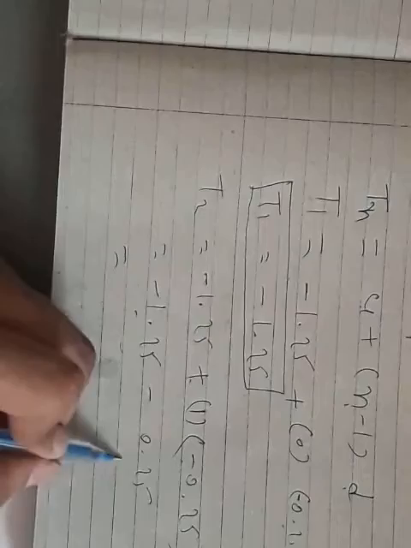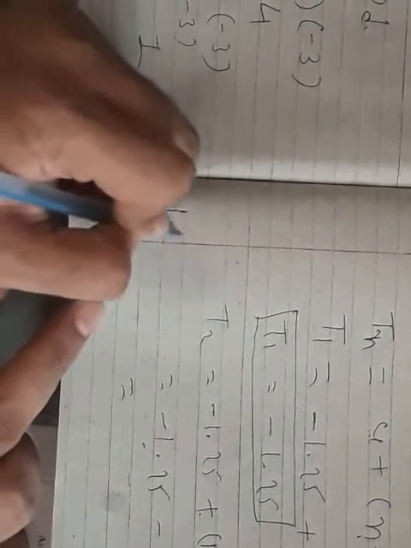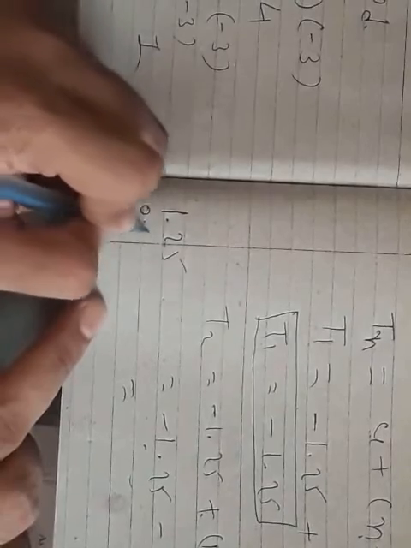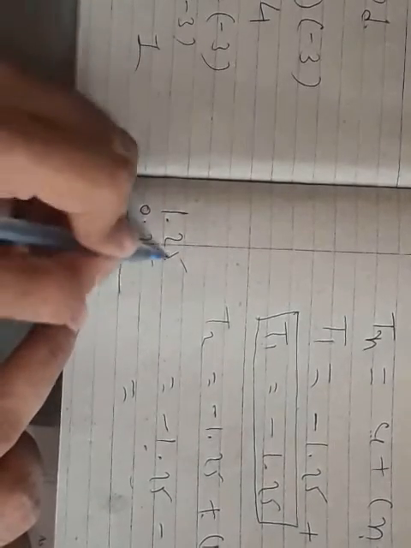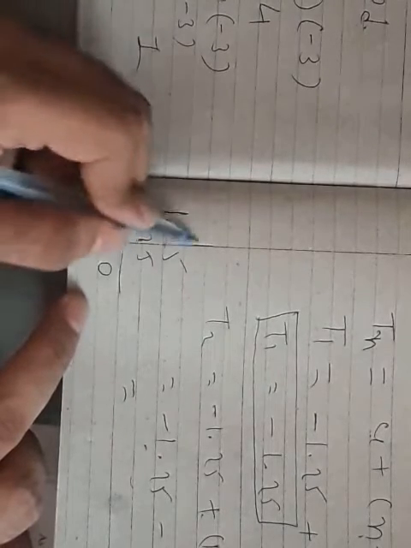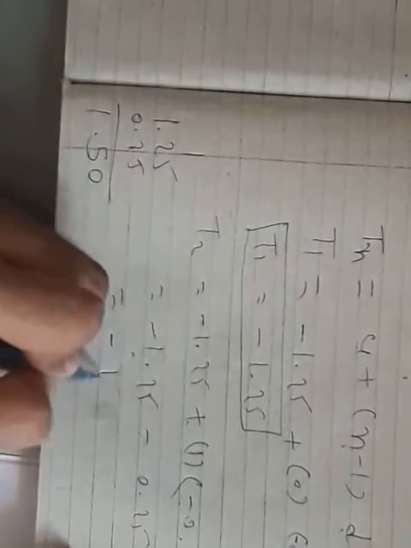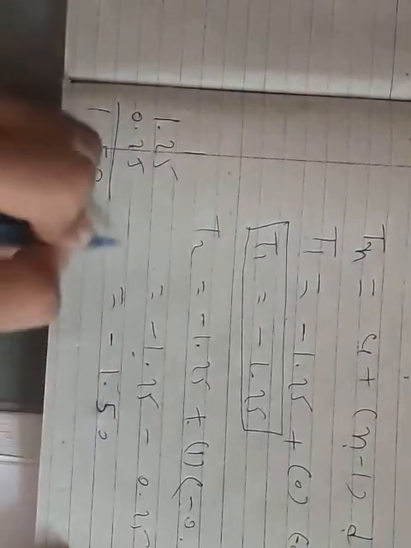So 1.25 plus 0.25: 5 plus 5, 10, 1. 2 plus 2, 4 and 1, 5. Here we have the point and here we have 1. So it becomes minus 1.50. That is T2.